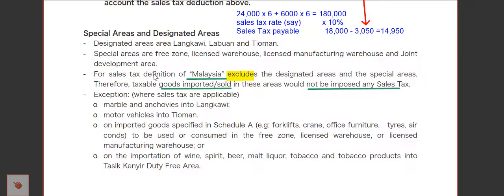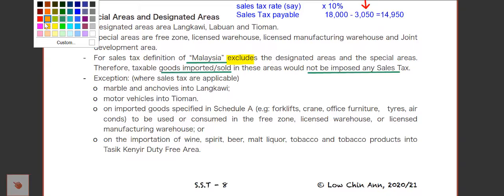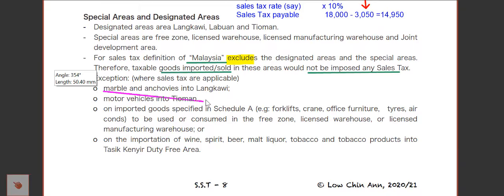There are some exceptions where the sales tax will still be imposed. Now, I didn't have the full list, but I just want to give an example. Like if you sell marble or anchovies to Langkawi, you still have to impose sales tax. If you sell vehicles to Pulau Labuan, there will still be sales tax.